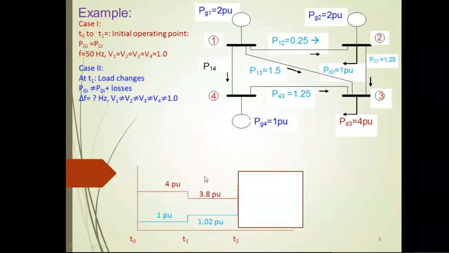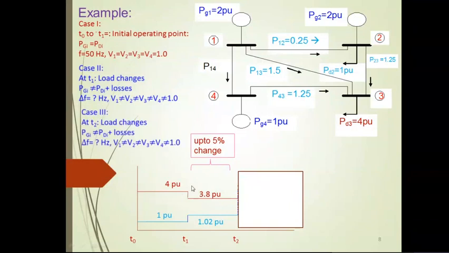Total generation and demand are actually the same, right? But at the bus point, when we ask what the frequency is, the bus voltage will not be exactly 1 per unit. For this case, from the initial operating point, the changes in the load at bus 3 and bus 2 are just up to 5%, right?